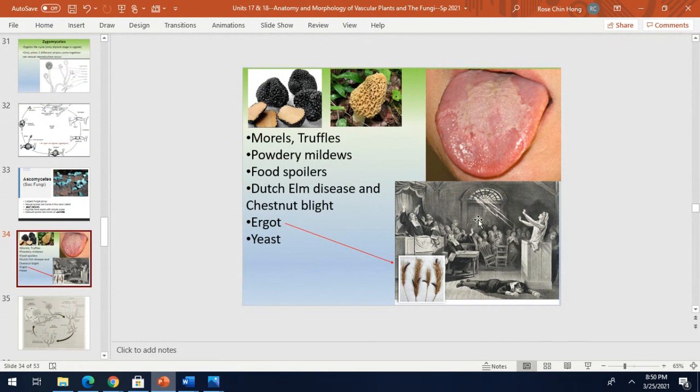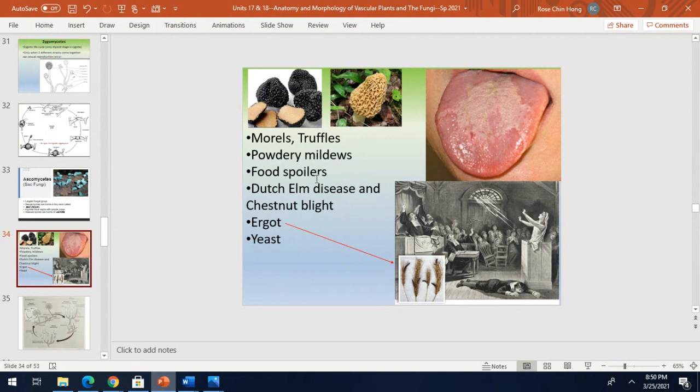So back then they used to have the witch hunt, and they would drown these people because they thought they were possessed. So in the ascomycota, we have morels and truffles, powdery mildew.